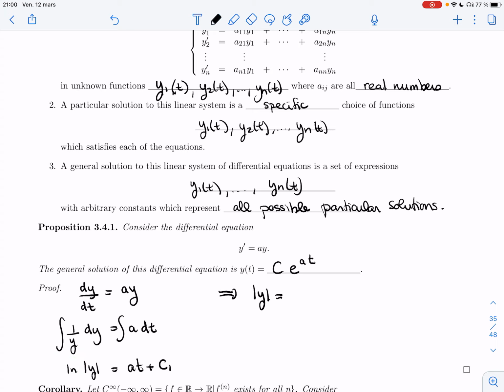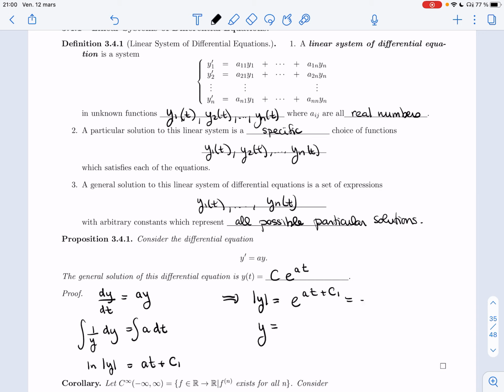To cancel the log, I apply the exponential on both sides. And so for y itself, let me write this as e to the c1 times e to the at, and then for y, I'm going to add a plus or minus. And then this whole thing is just a constant, so I could call it c. Any solution would look like this for some constant c.